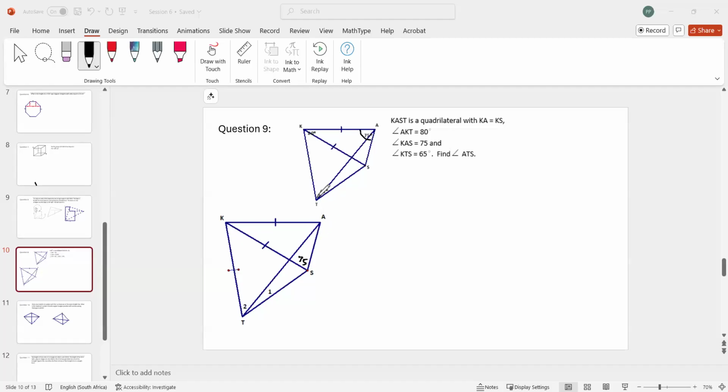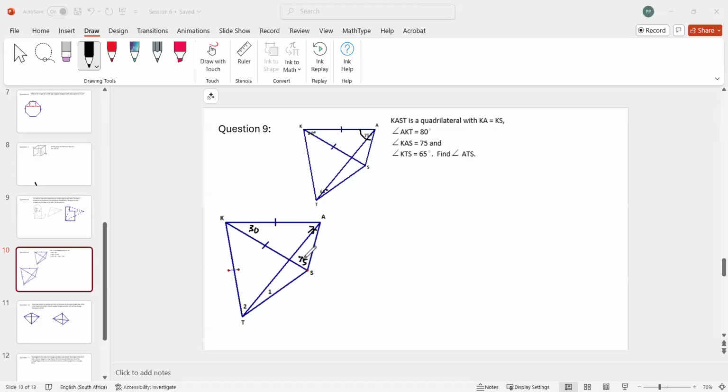Now it's given that this angle here is 65. This angle is 65. And this is 75. So if this is 75 and this is 75, these two angles together add up to 150. So we can calculate this angle here, 30 degrees.